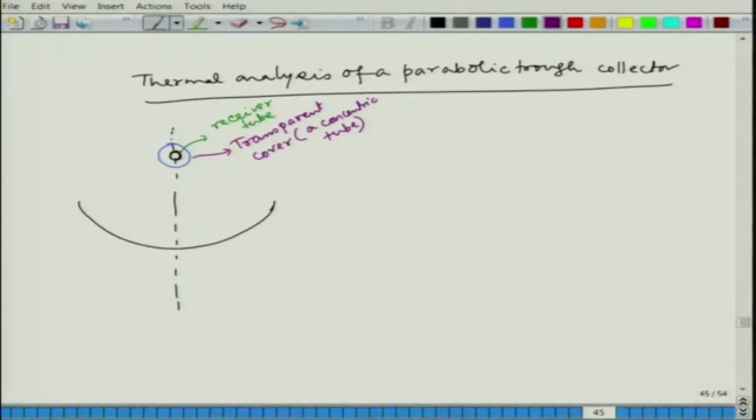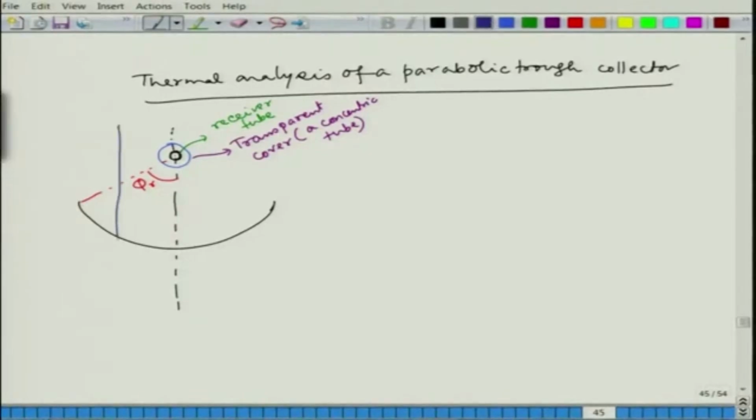Okay. Now, let us say that from this center, this angle is nothing but our rim angle phi r. Okay. So, the assumption is still valid that the aperture plane is perpendicular to the sun ray direction.